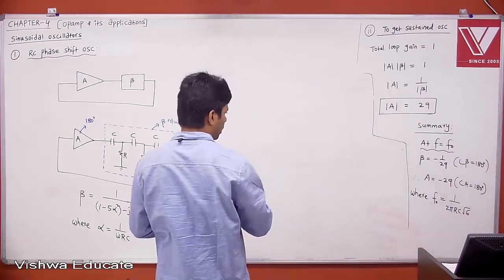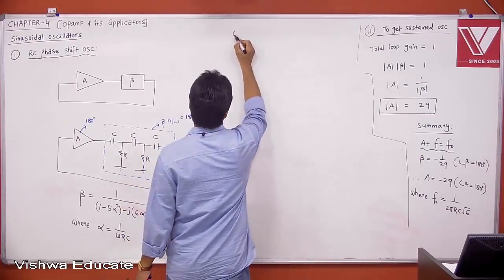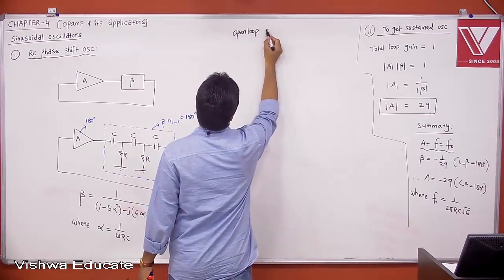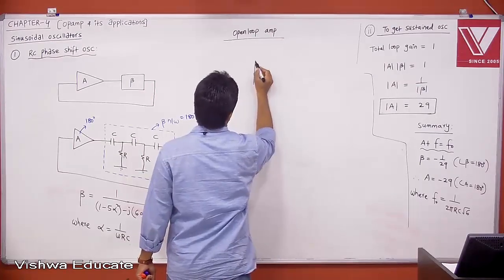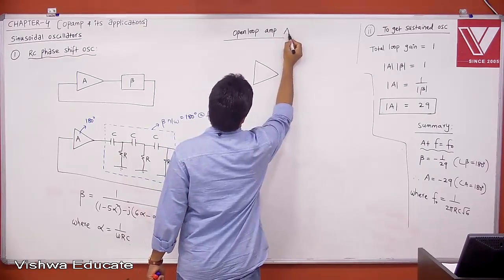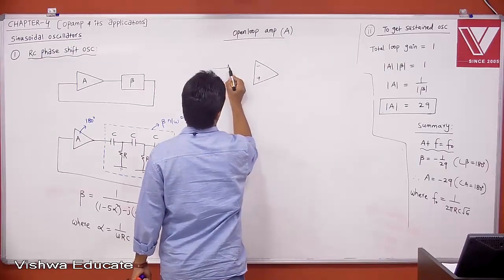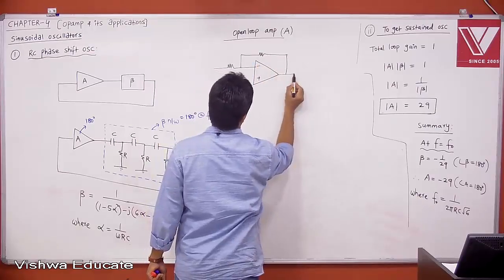Therefore, how to get gain? What is your open loop amplifier? You can take your Opamp as the open loop amplifier A, which is going to provide the gain.